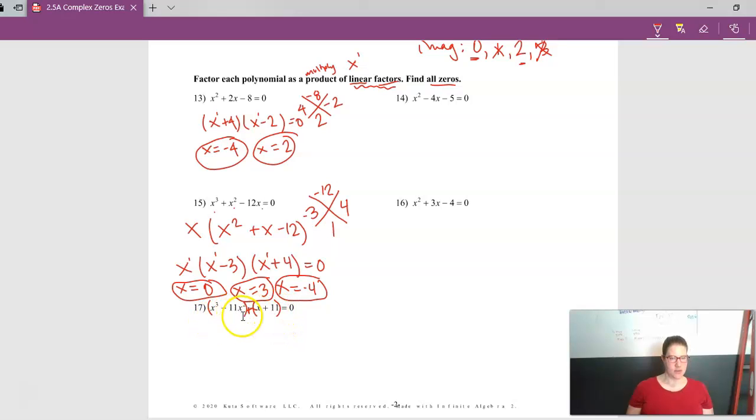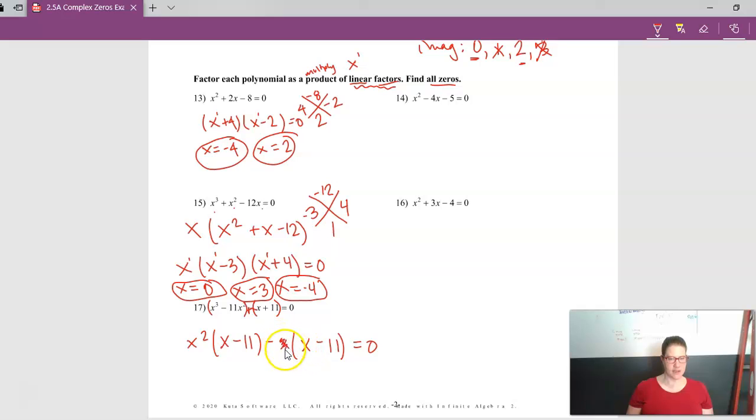So here, x to the third minus 11x squared, we're going to pull out an x squared, which will leave us with x minus 11. On the second one, because our x is negative, I'm going to pull out a negative x, which will make that x minus 11.